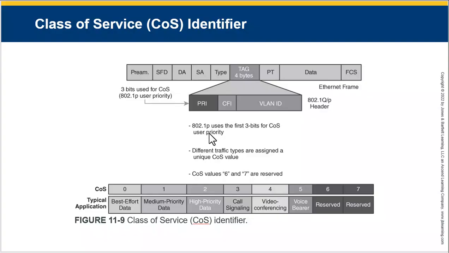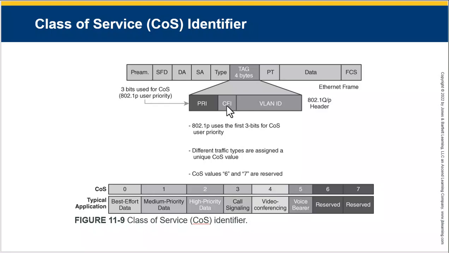And that's placed between the type field and the payload. Now, this tag contains several different bits. We use bits, either ones and zeros, to communicate what we want to do. So this priority, this is 3 bits, and this is going to be your class of service and your user priority. Then there's 1 bit here.